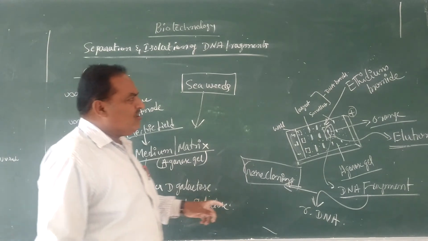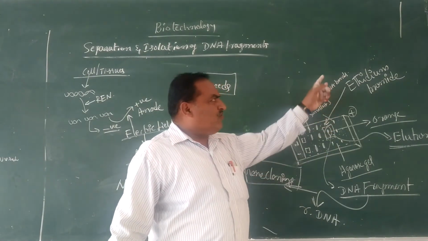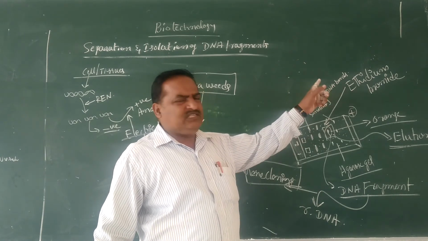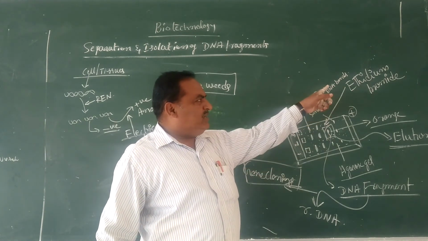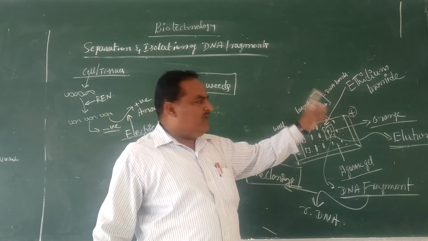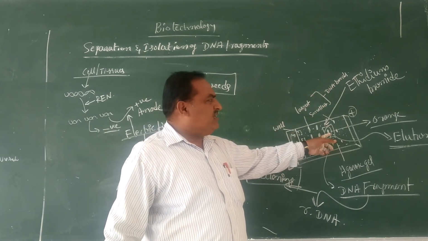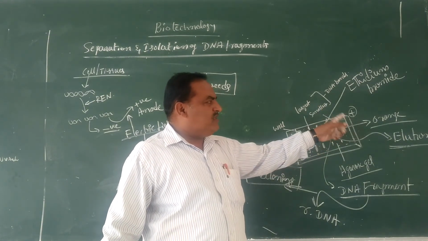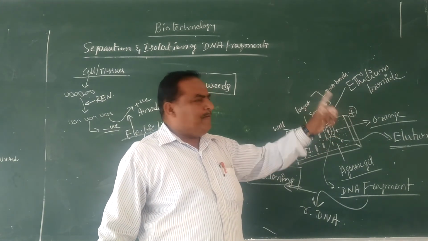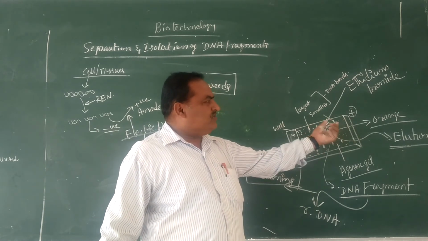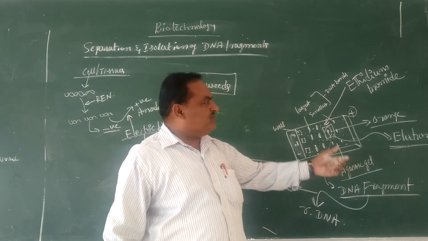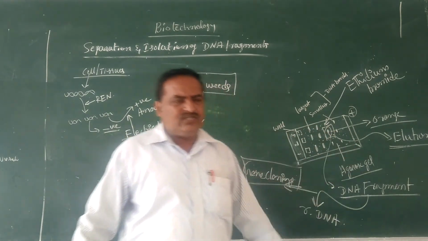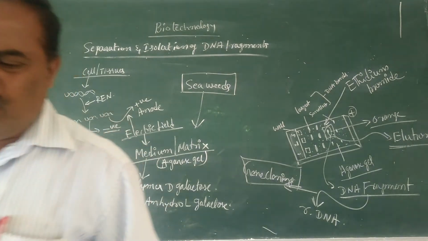For the visualization of DNA fragments, a chemical staining is necessary. That chemical is called ethidium bromide. After the treatment with ethidium bromide, the DNA bands are visible, and the DNA bands are separated from the gel piece. That process is called elution.